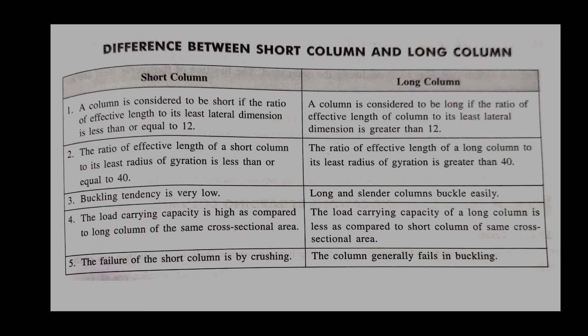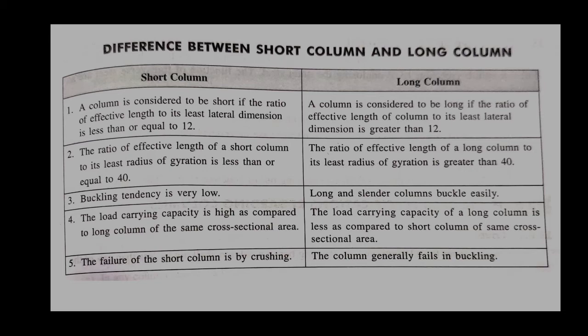Number 2, the ratio of effective length of a short column to its least radius of gyration is less than or equal to 40. And for a long column, the ratio of effective length to its least radius of gyration is greater than 40.